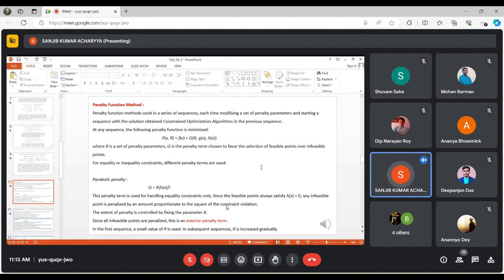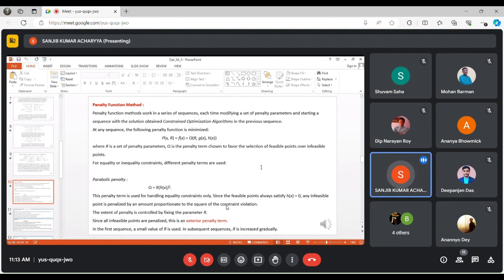But here the situation is reverse. Here the margin of feasibility is more than the requirement, but we have to sacrifice in the objective function. So we would like to improve the value of the objective function and reduce the margin of feasibility. So here the penalty should be at feasible points, isn't it? So that in the next step, the amount of feasibility will be reduced.